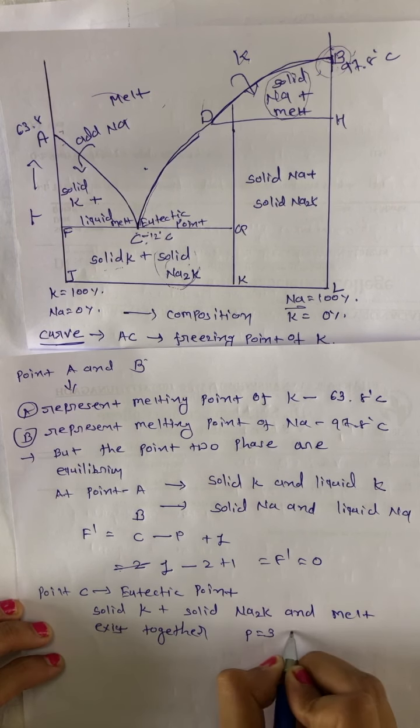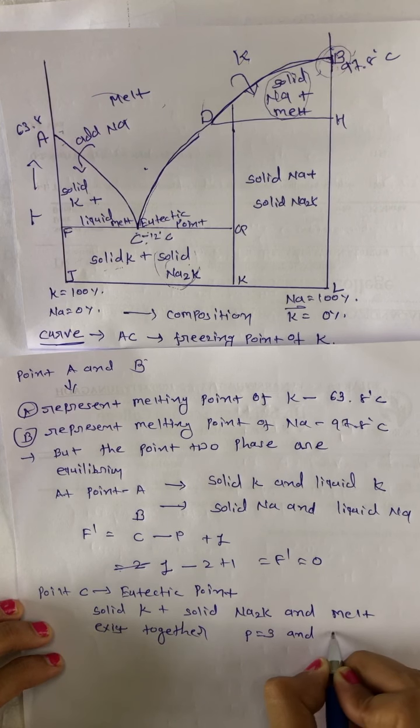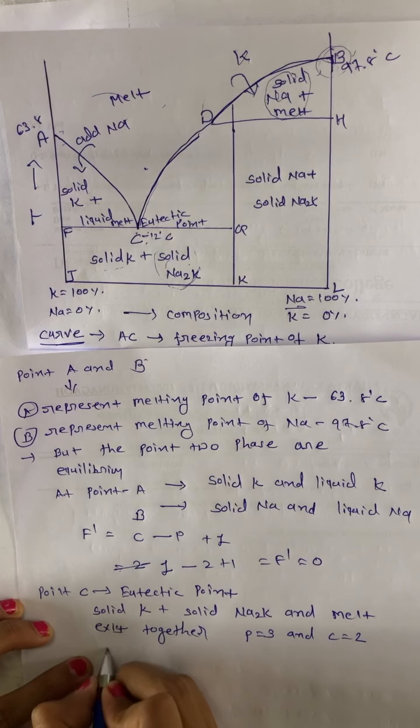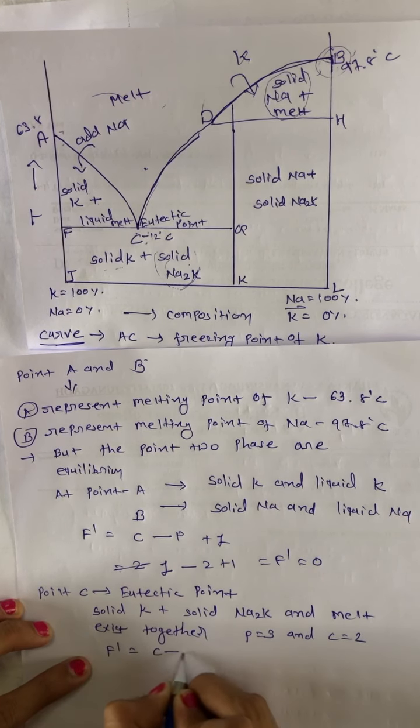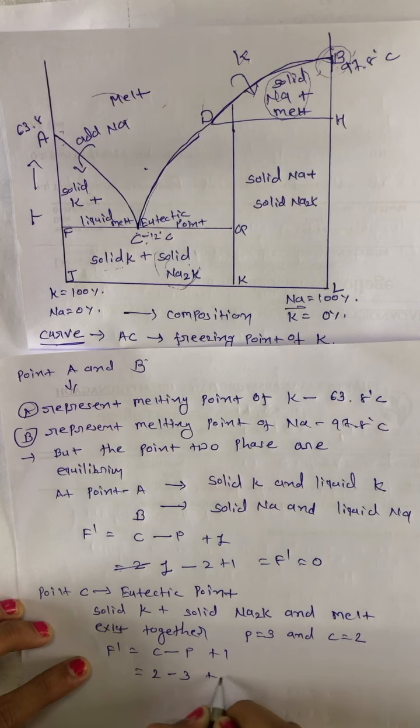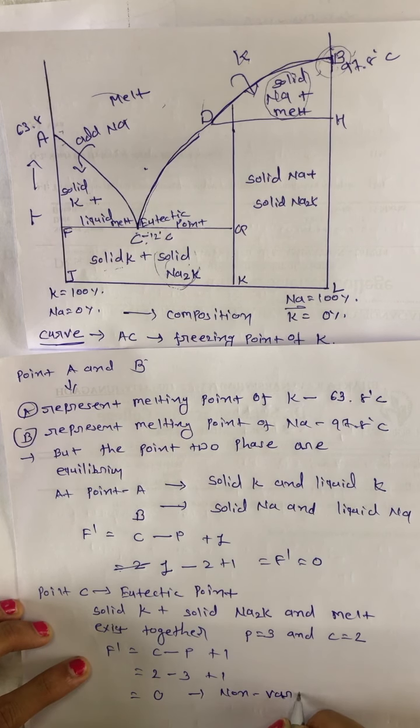So P is equal to 3 and C is equal to 2. So F dash is equal to C minus P plus 1, 2 minus 3 plus 1. This is also 0, so this is a non-variant system.